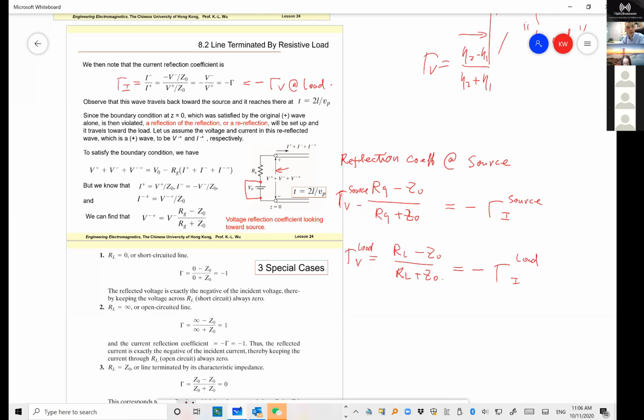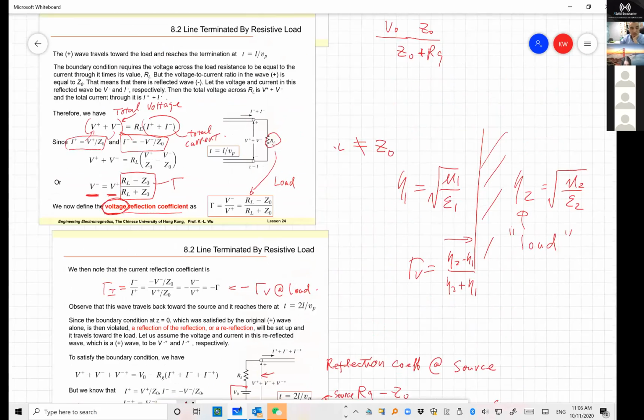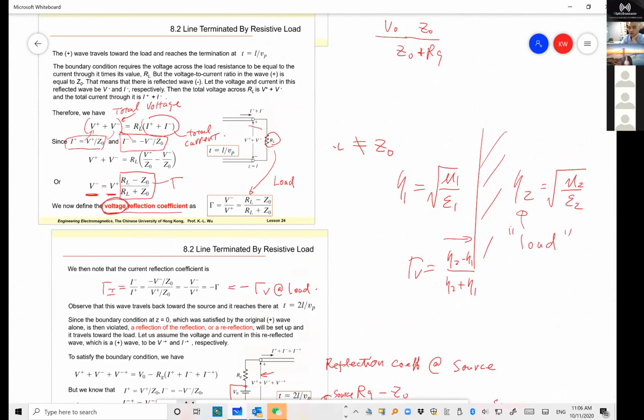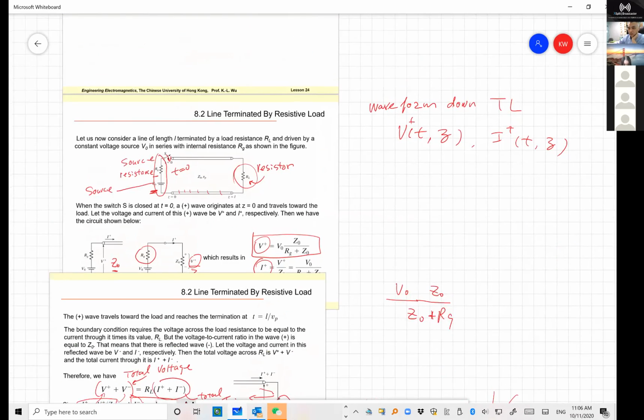The reason we talk about the reflection coefficient at the source is that the wave you expect, when it first hits the load, will reflect, right? Okay, let's look at this picture.